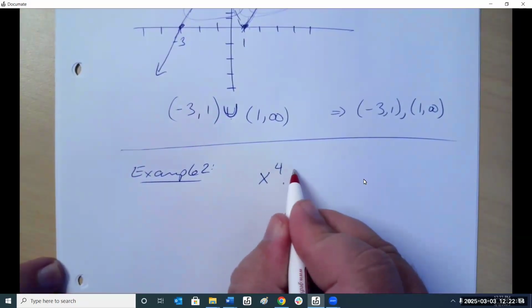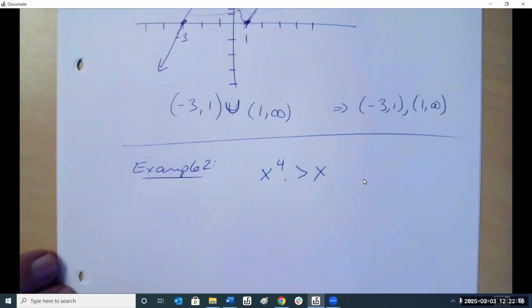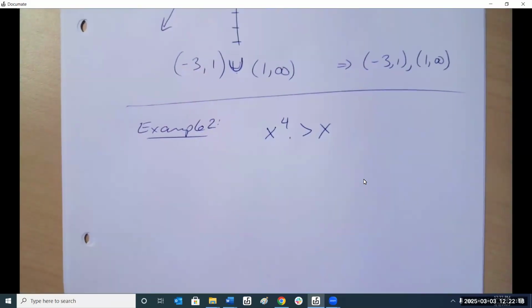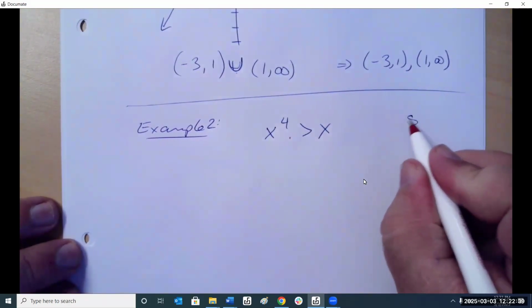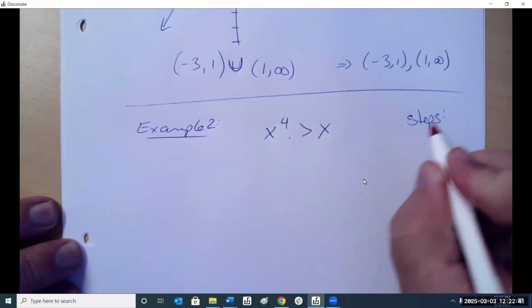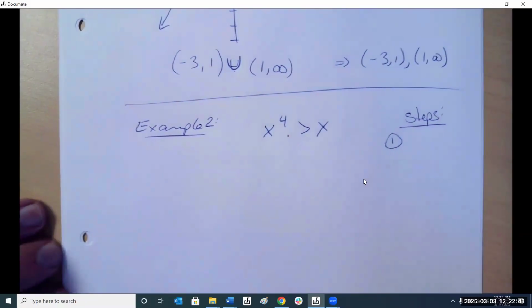X to the 4th is bigger than X. Solve that for me. To solve polynomial inequalities, here are the steps. First step, what do you think the first step is going to be?